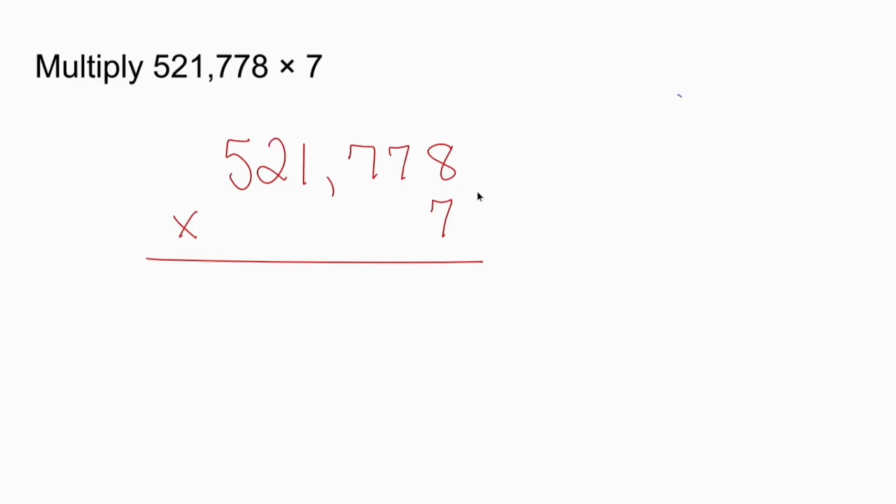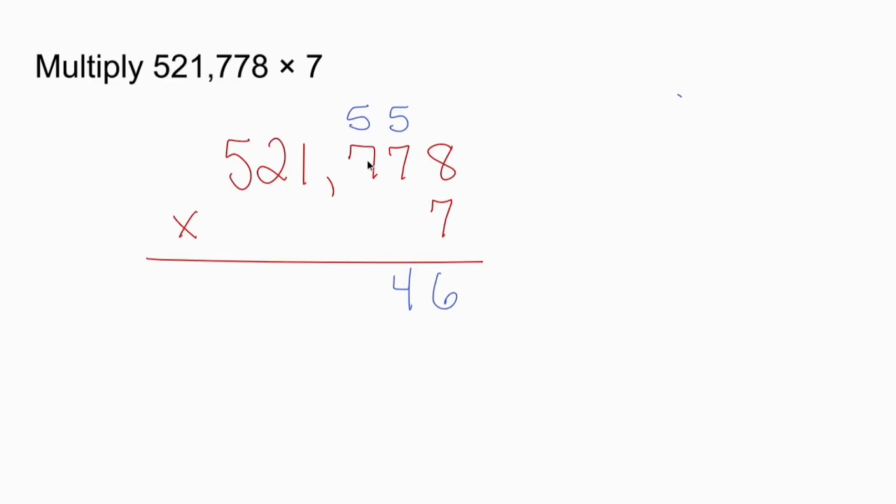So 7 times 8 is 56. So you write out your 6, carry over the 5. 7 times 7 is 49. 49 plus 5 is 54. So write out the 4 and carry over a 5.